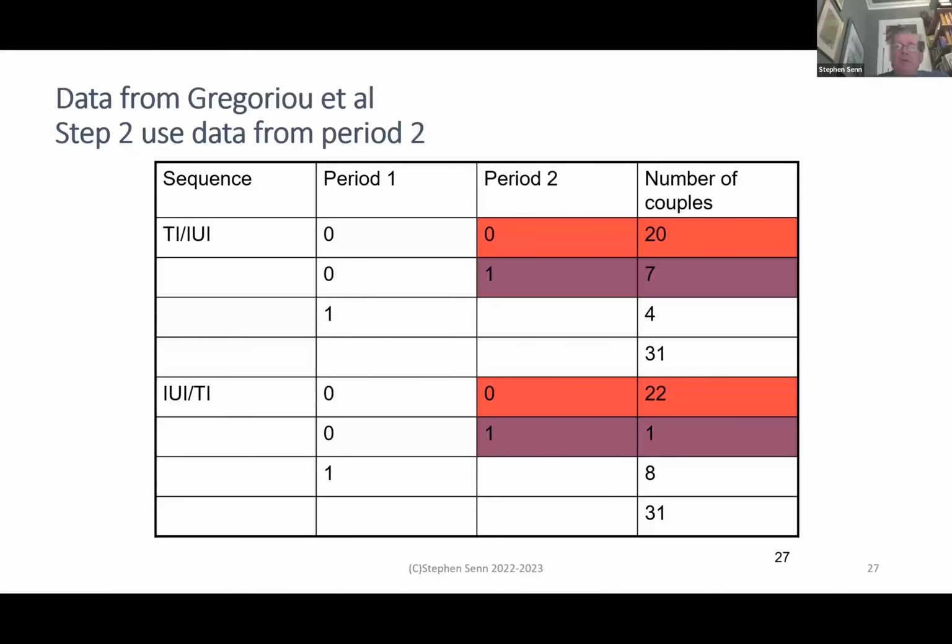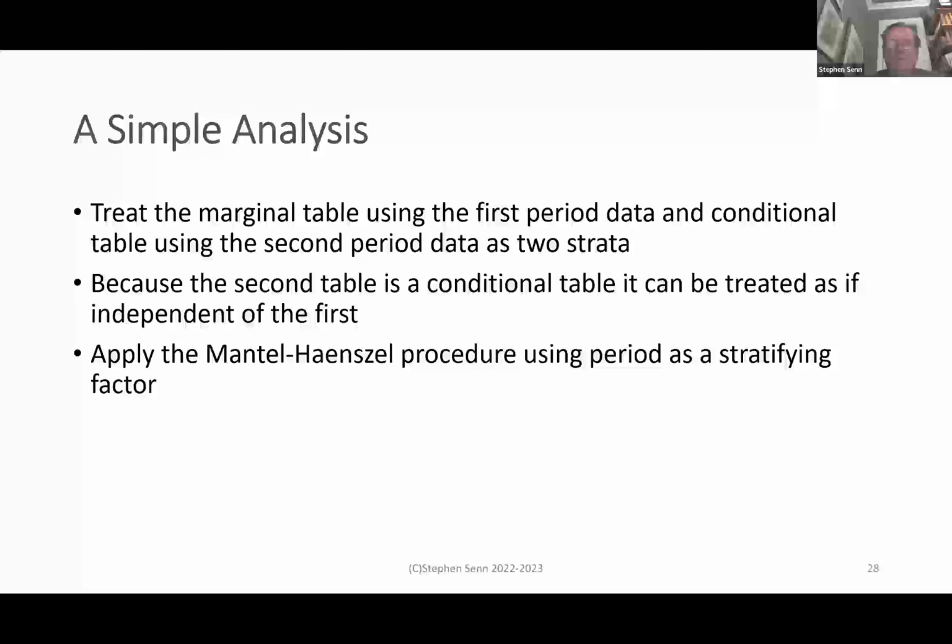Then we could also do the same for period 2, but now we're doing a conditional analysis. Now we're only analyzing those particular couples who failed to achieve pregnancy in the first course of treatment, and we're having a look at what happened in the second course of treatment. So we treat the marginal table using the first period data and the conditional table using the second period data as 2 strata.